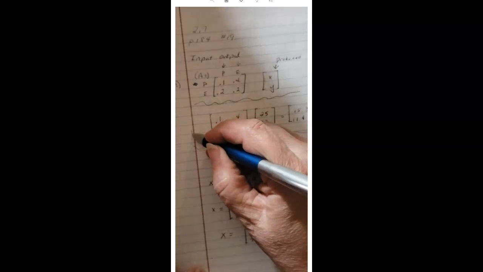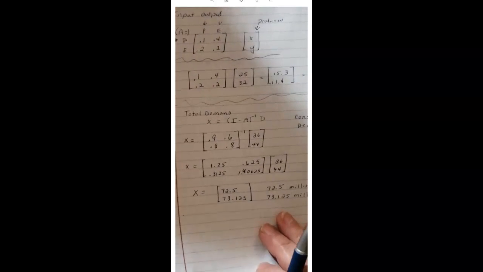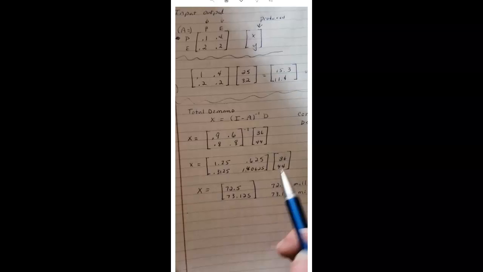Okay, that's part B then. And part C says, okay, let's find out if I needed to make $36 million worth of plastic and $44 million worth of electronics and meet up with the consumer demand for producing that item.